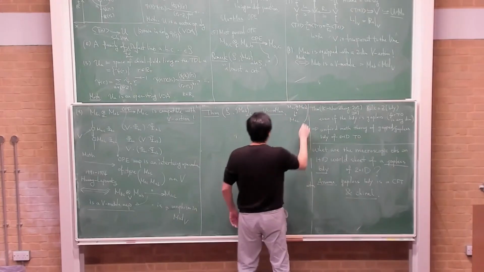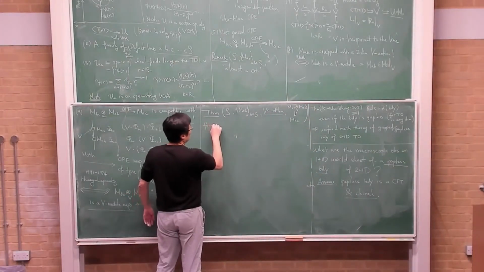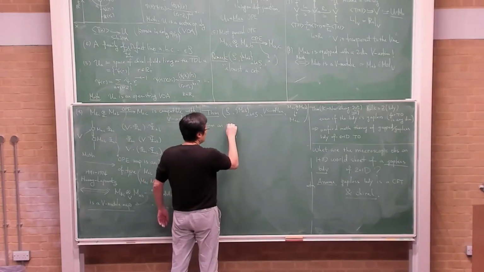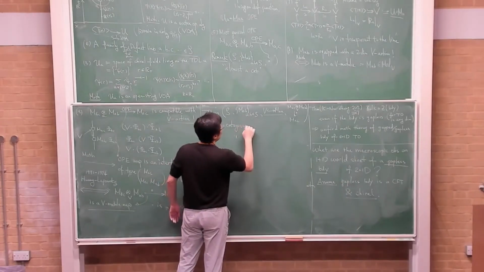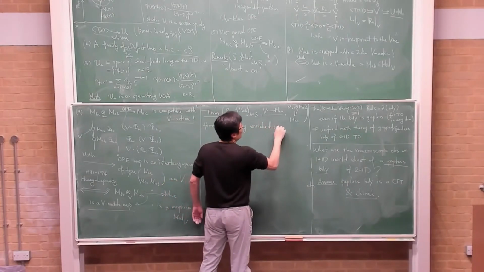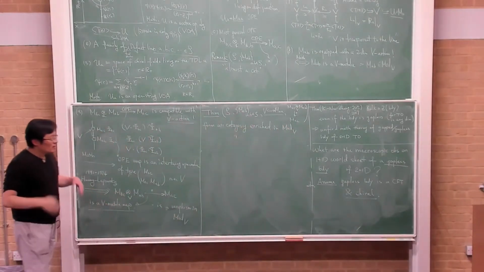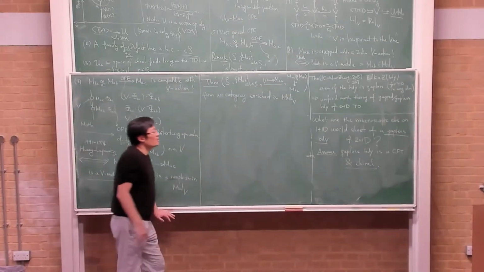Okay, putting all of these together forms a category enriched in mod V. An enriched category is defined similarly to a category.